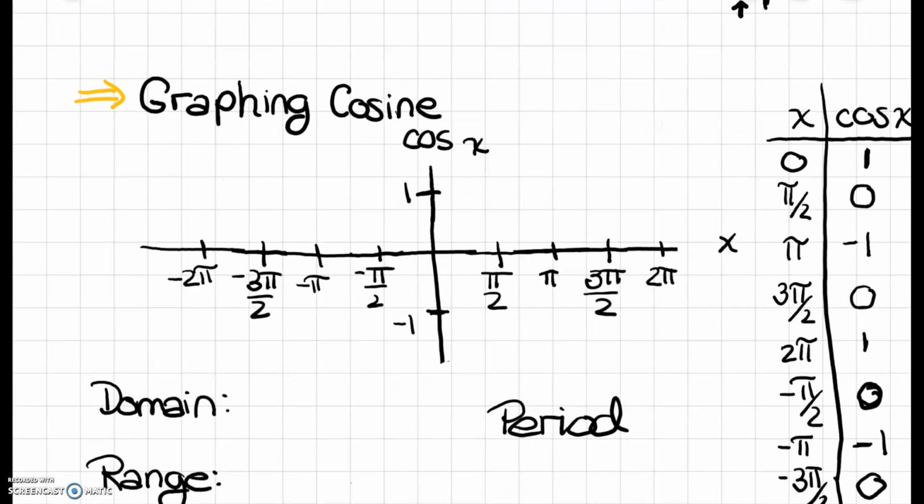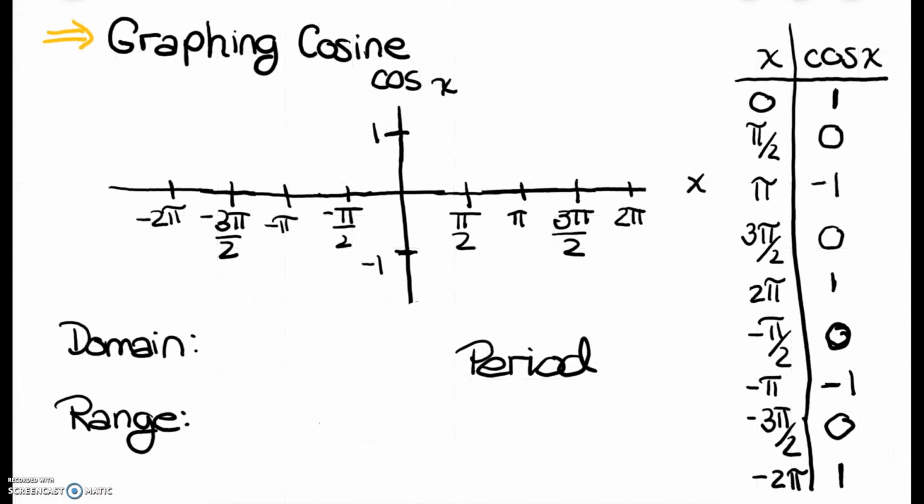So now let's go ahead and graph our cosine function. Again, I took the liberty of creating a table of all of my cosine function values at our quadrantal angles, so I'm going to go ahead and graph them on my axes. At 0 radians, cosine has a value of 1.